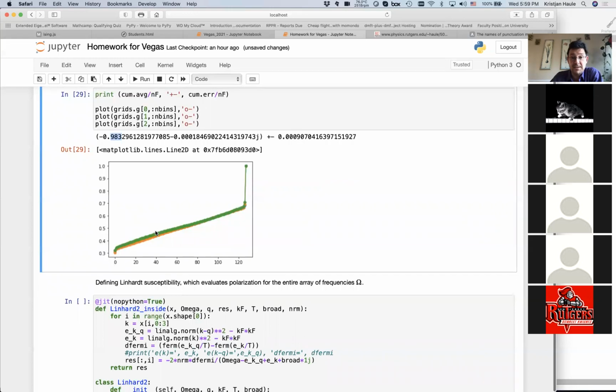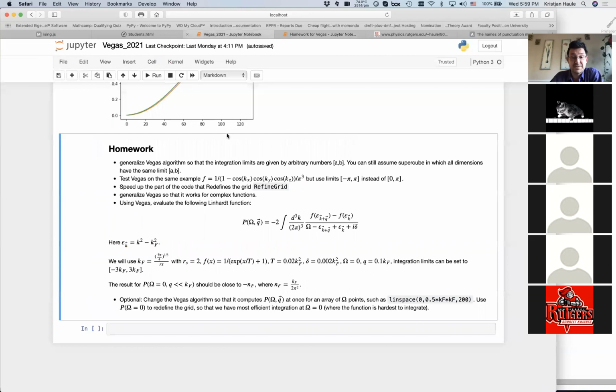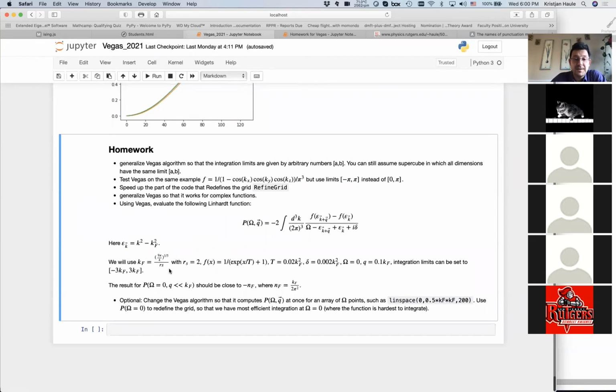Now, the optional part of the homework, which I gave, that's also something that I'm going to solve here, is the following. So everything but the optional part of the homework is already solved, isn't it? But let me show you also the solution for the optional part, which is a bit harder.